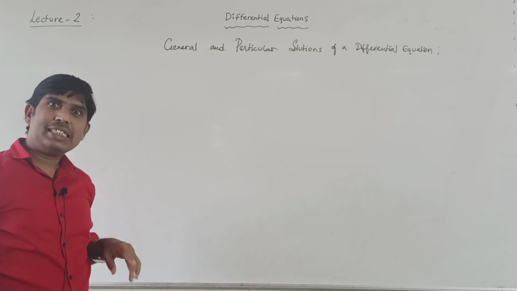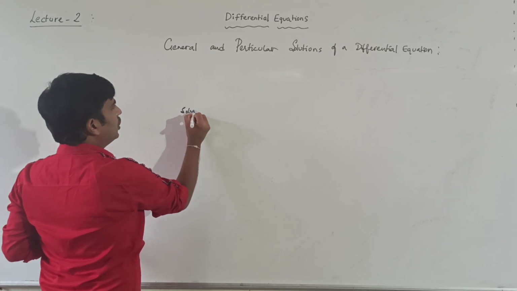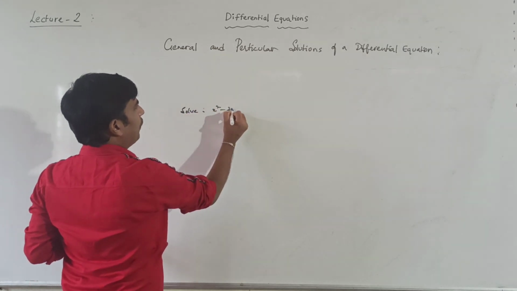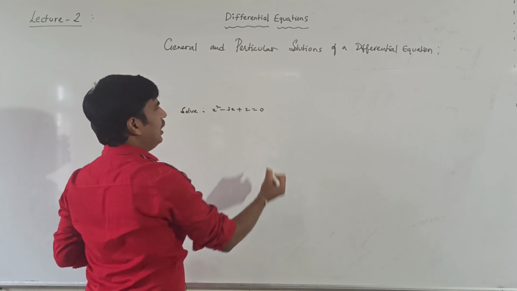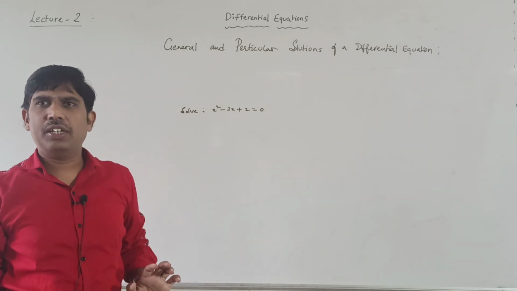In lower classes we know how to solve. Suppose one question is given: solve x square minus 3x plus 2 is equal to 0. Solve is nothing but to find the solution.